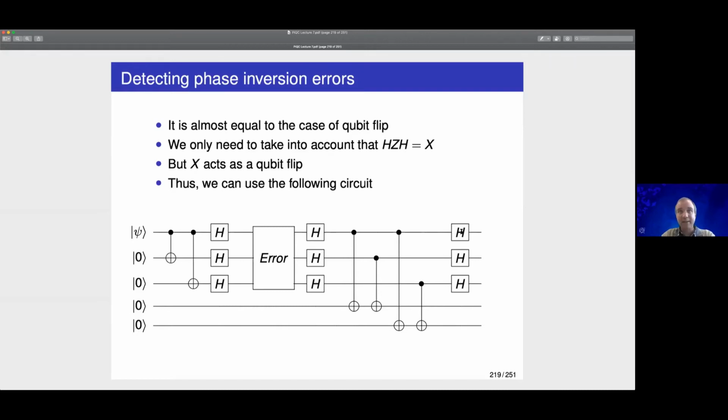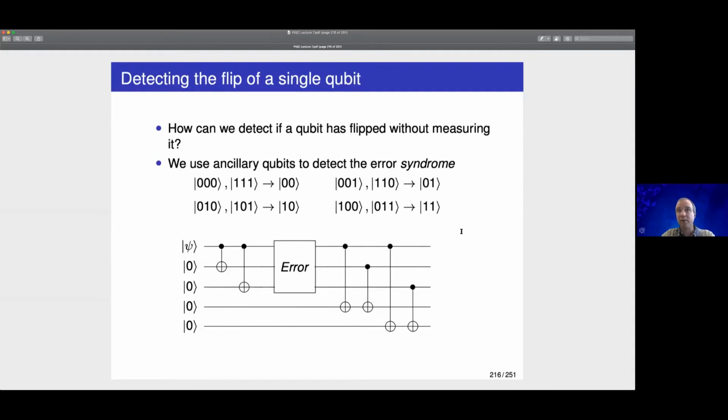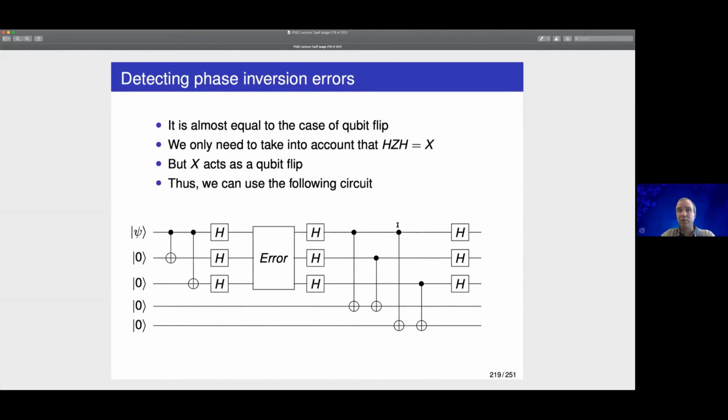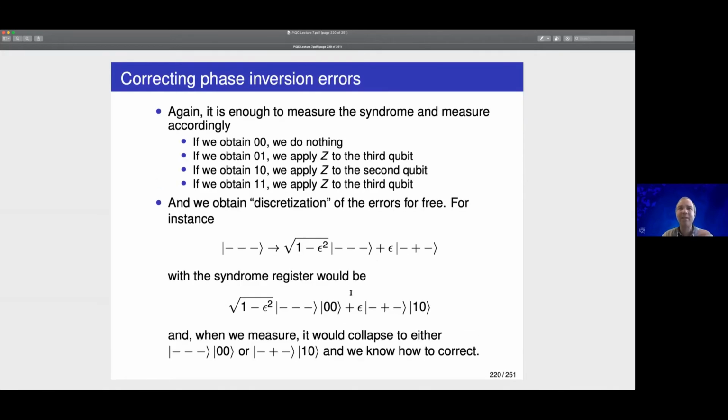Okay, so exactly the same analysis we were using here is the one that we can use in this new quantum error correcting code, by taking into account that here we have H Z H, which is an X operation. And again, of course, in order to correct the error, we take into account the syndrome that we have measured, and then we apply the operation that we need in order to correct that phase inversion that we have.